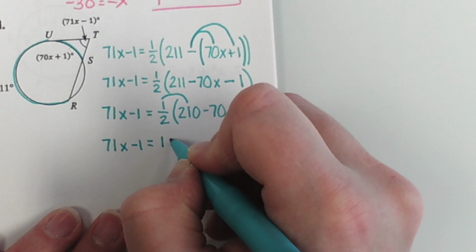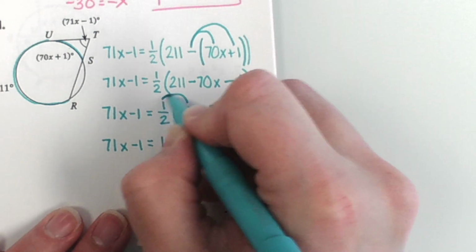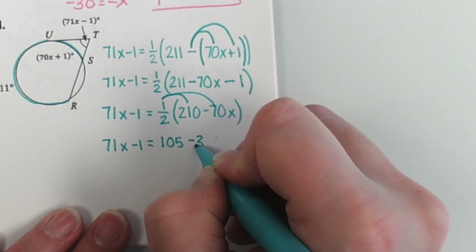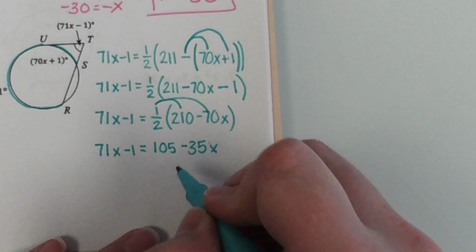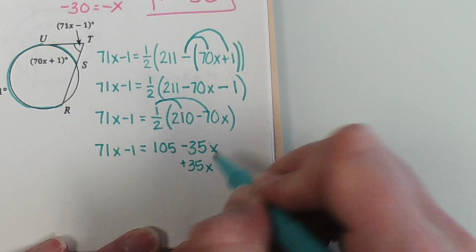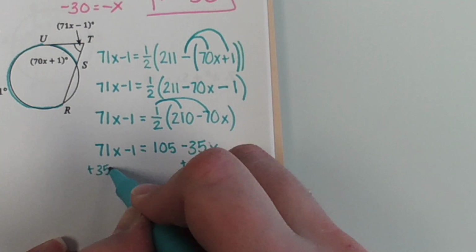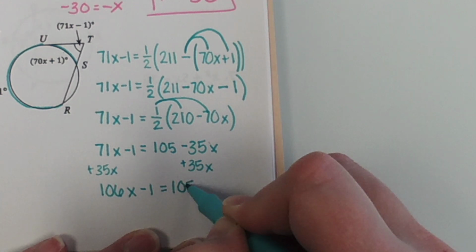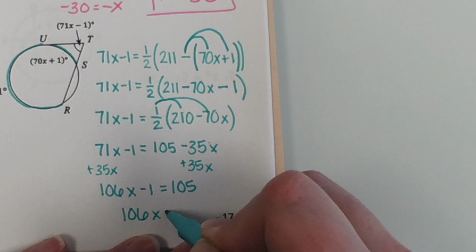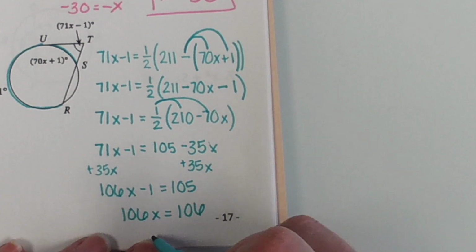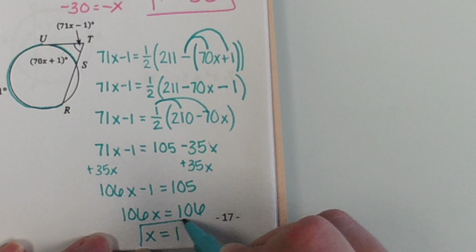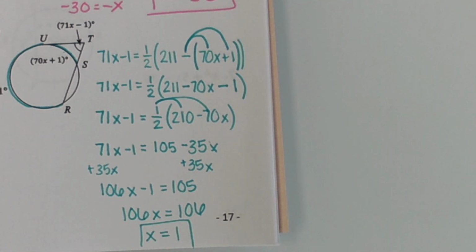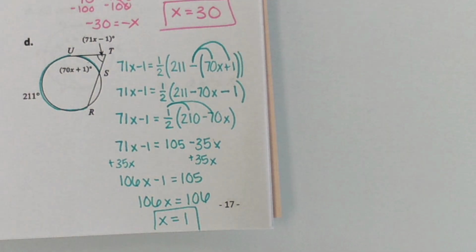Half of 210 is 105. Half of negative 70x is negative 35x. Add 35x. 106x minus 1 equals 105. Add the 1. 106x equals 106, making x 1. The big issue is those parentheses. You've got to be careful of that.